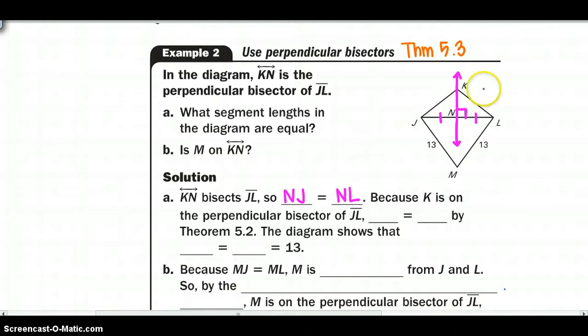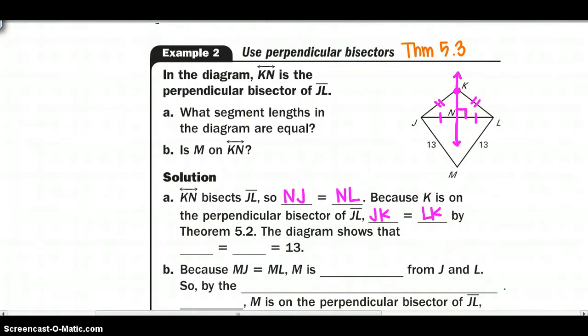Because K is on the perpendicular bisector, I now know that JK equals LK because of theorem 5.2.